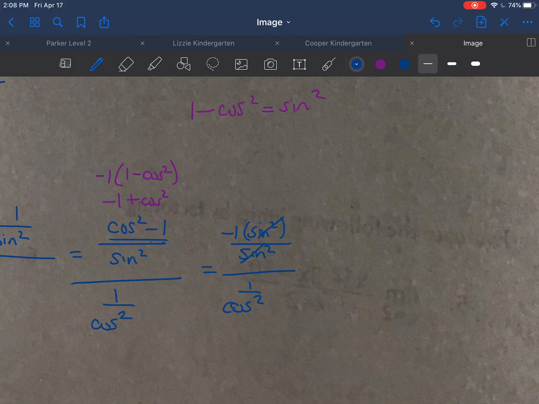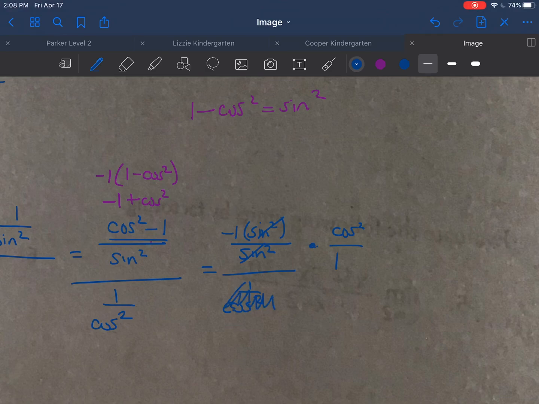Lucky for us, that goes away. So now we have negative 1 divided by 1 over cosine squared. I'm going to go ahead and bring up my 1 over cosine squared because I'm going to lose it in just a second. I'm going to make this times cosine squared over 1.